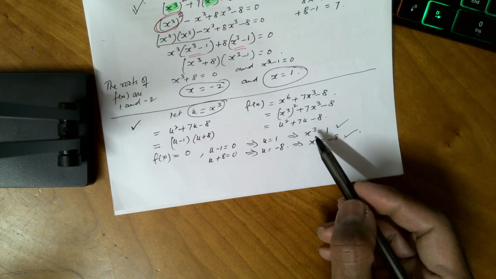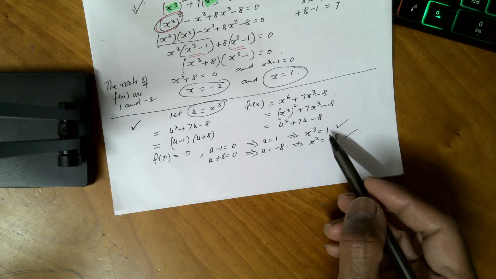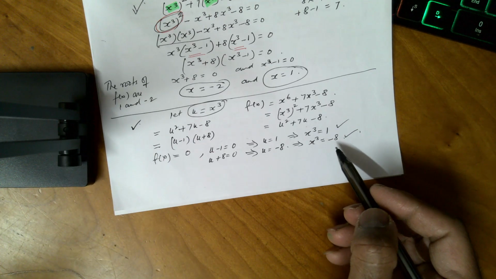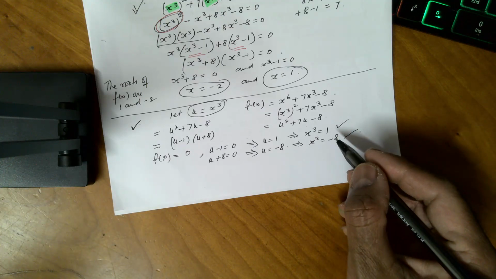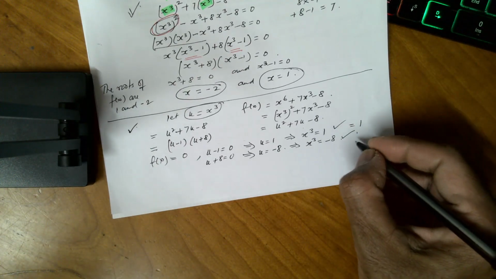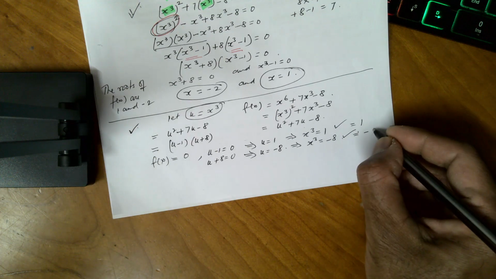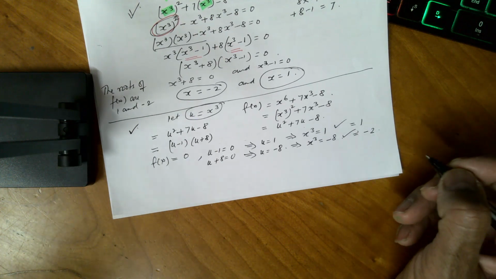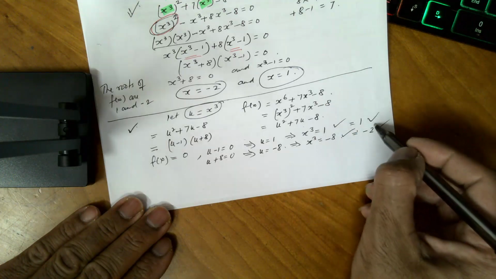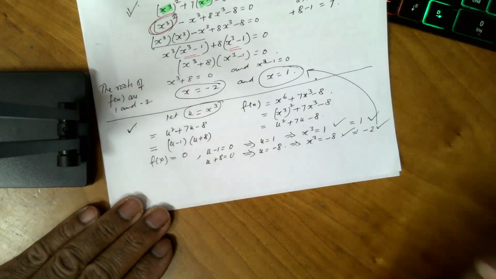So x to the power 3 is equal to 1, and then x to the power 3 is equal to minus 8, right? So that will simply give you 1 here, and here it will give you minus 2. Okay, so you see your answer here, 1 and minus 2, exactly the same as here.